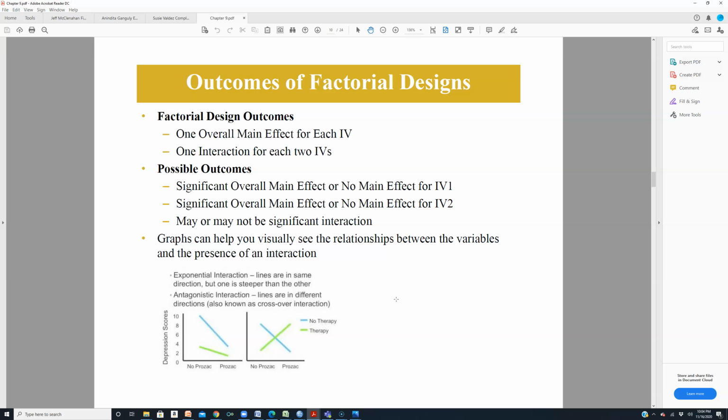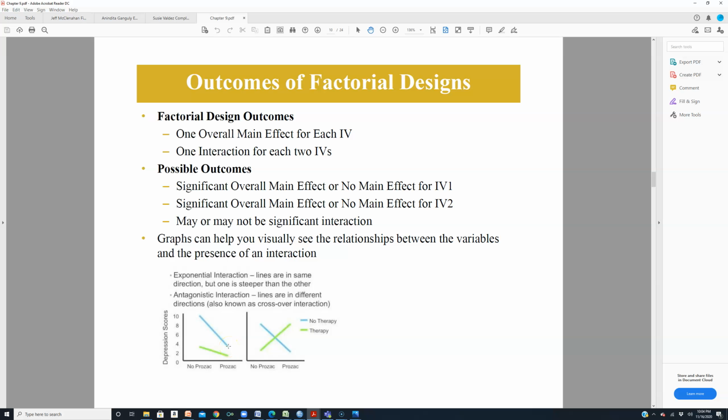Graphs can often be good visual tools for you to see right away if there's an interaction. I don't think bar graphs are as good visually to identify an interaction. Line graphs are better because, here, you're measuring depression, and you have Prozac versus no Prozac groups, and you have people that are in therapy and not in therapy. So our blue is no therapy.